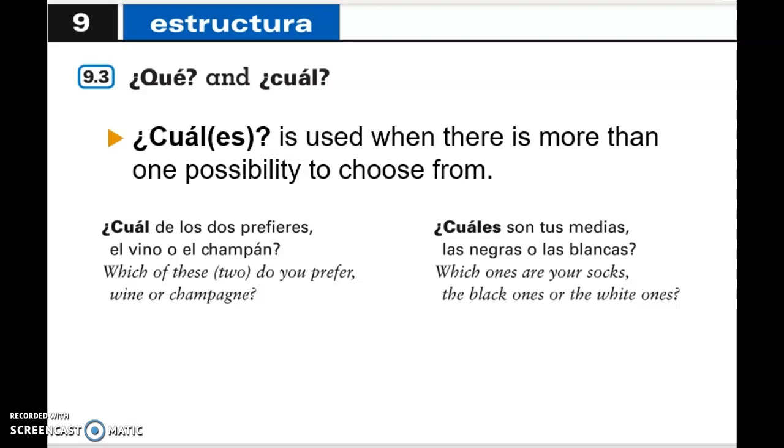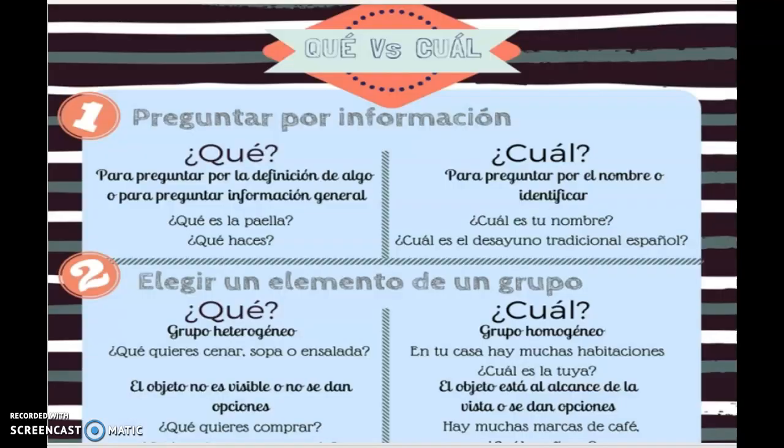You can also see that we use cuál for singular, either wine or champagne, and we use cuáles when we have a plural noun, either las medias negras o las medias blancas. Both of those, white socks or black socks, are plural.